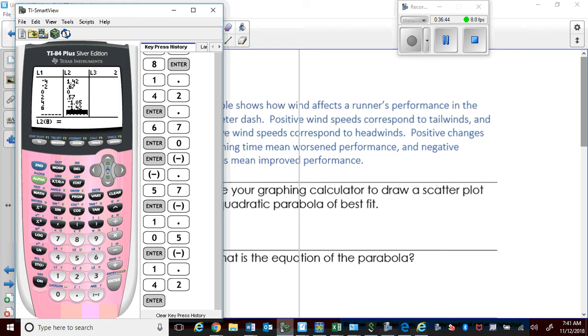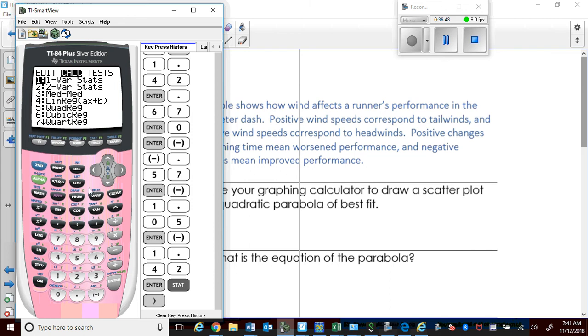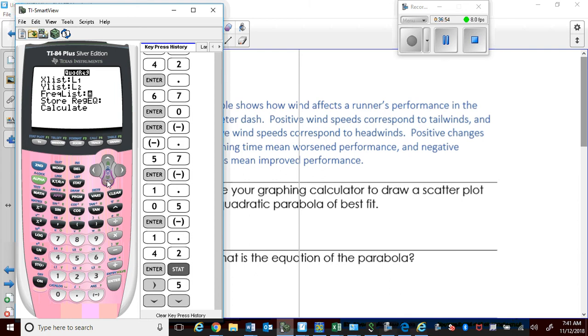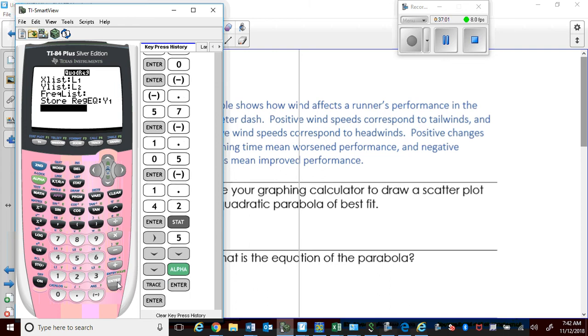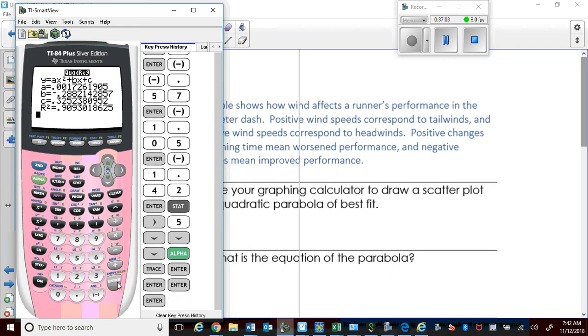stats, right arrow over to calc, hit number 5, quadratic regression, and I want to put this equation in Y1, so I press alpha trace, enter, enter, enter, and I get these numbers.